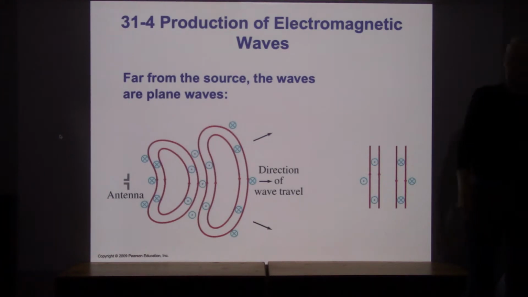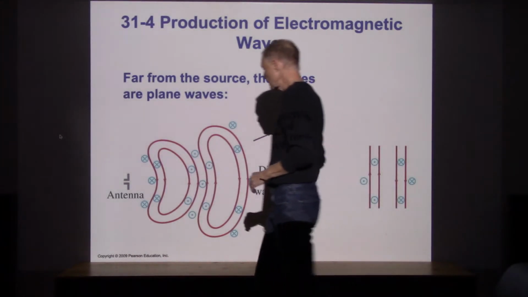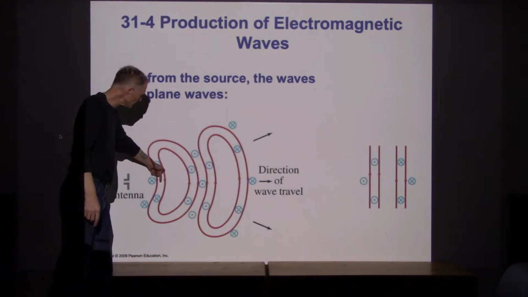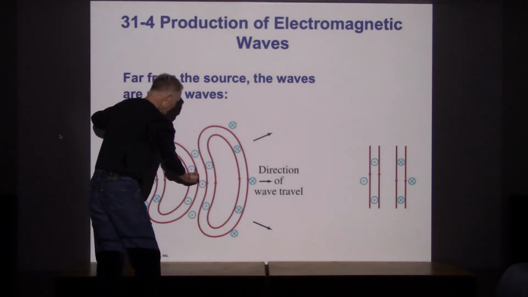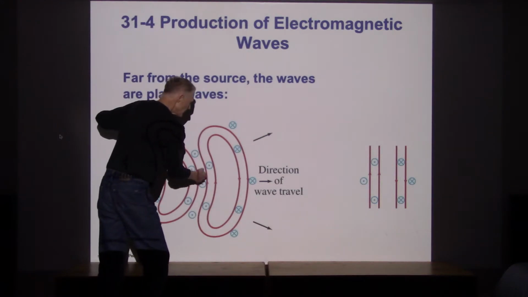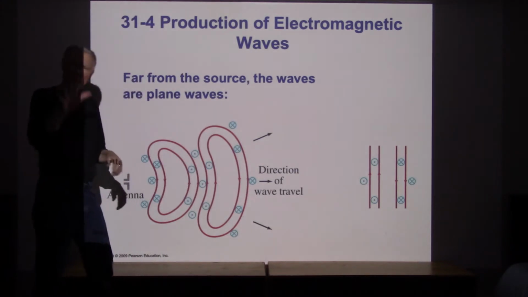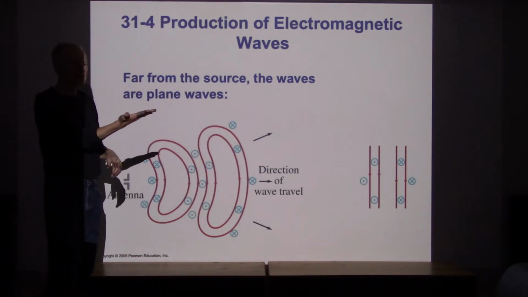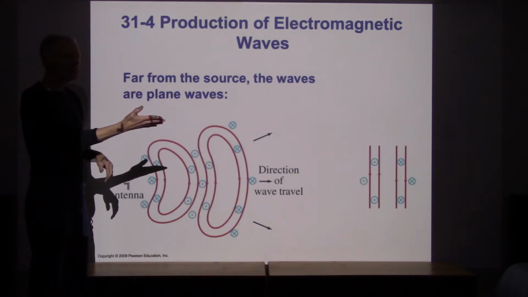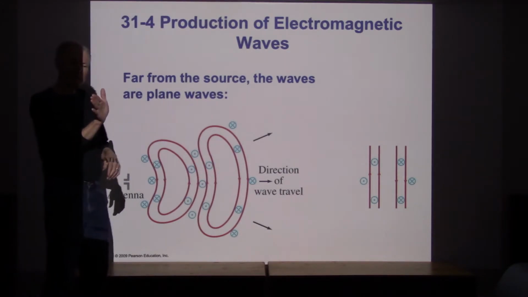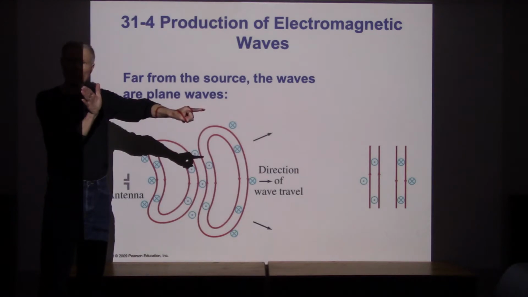And this is just more of the same. They're saying there's an antenna. There are going to be regions where the electric field is oriented in this direction, regions where the electric field is oriented here, and then regions where the electric field is here. Remember, there's a right-hand rule here that says the direction of E cross the direction of B is in the direction of velocity.